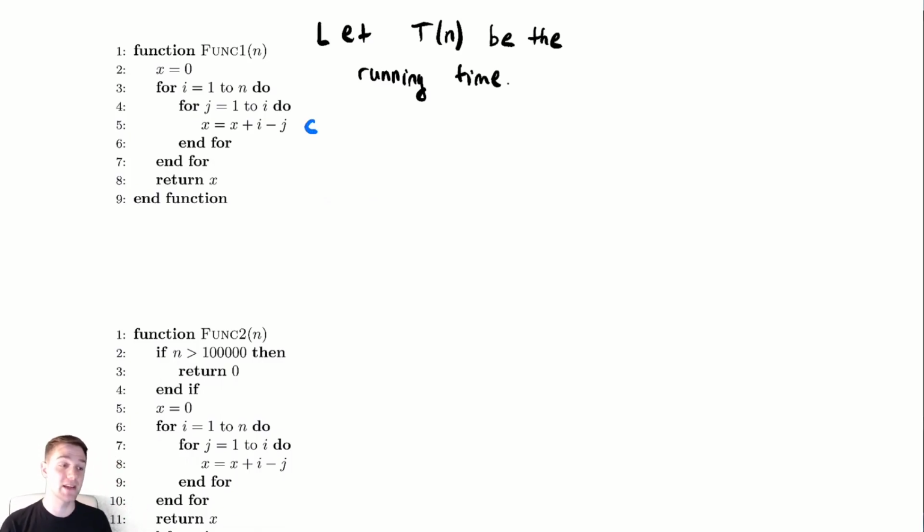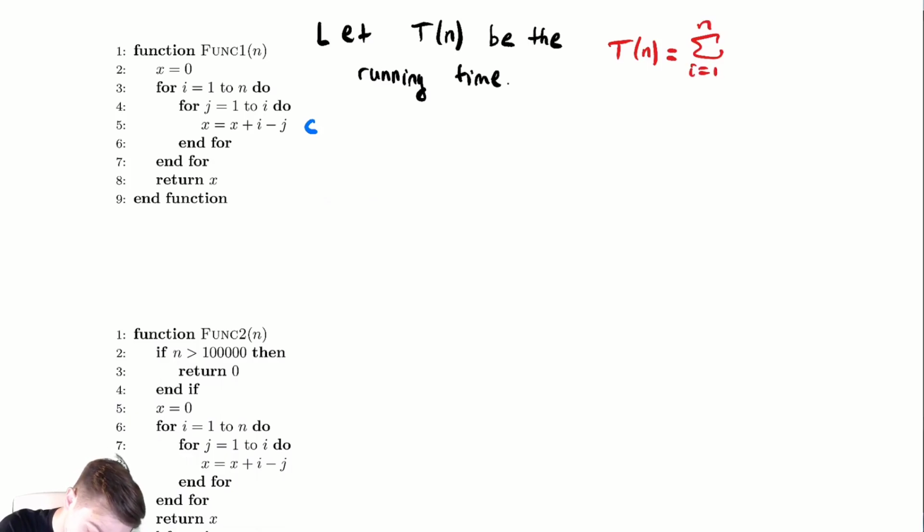We then need to find out how many times line 5 executes. If you remember from Foundations 1, we can express the runtime of for loops using summations. So t of n is equal to the sum from, using the same bounds as the for loops, i equals 1 to n, times the sum from j equals 1 to i of the cost of whatever appears inside of that for loop, which is just c here.